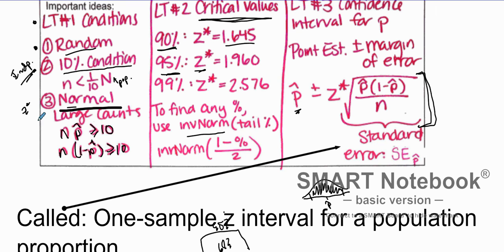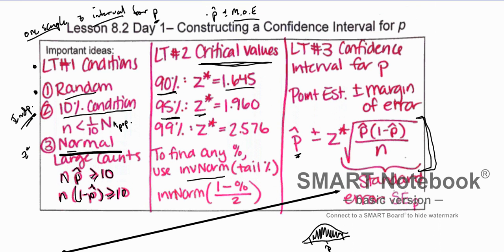Once we figure out what our parameter is and the confidence interval we want, we then plan by doing a one sample z interval for p. We check our conditions.